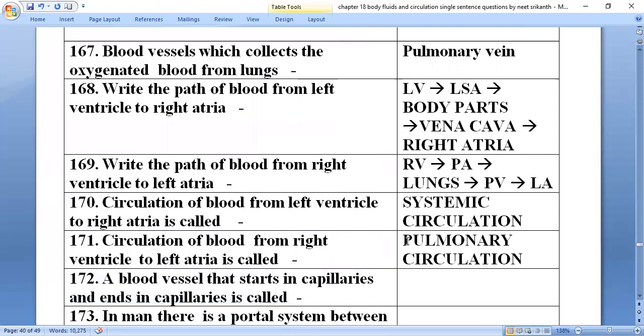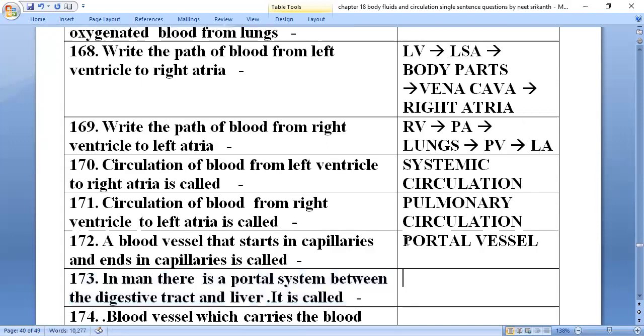A blood vessel that starts in capillaries and ends in capillaries is called a portal vessel. In man, the portal system between the digestive tract and liver is called the hepatic portal system.